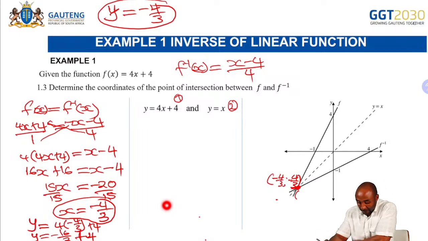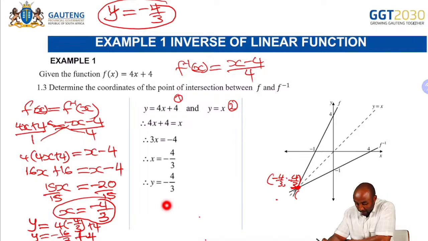So where there is y, we are going to substitute with x, and we get 4x plus 4 is equal to x. We get 3x is equal to negative 4, and then we get our x as negative 4 over 3. But remember, our y is equal to x, so we substitute it there. We get our y value as negative 4 over 3, and the coordinates of the point of intersection will still be negative 4 over 3 and negative 4 over 3. I hope this is easy stuff. We move on.